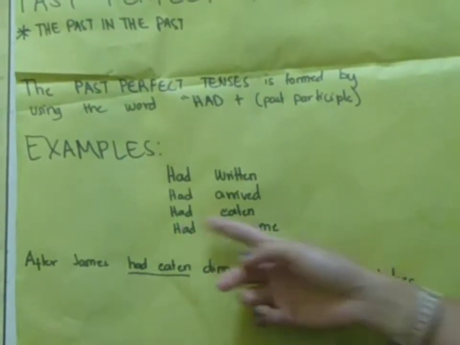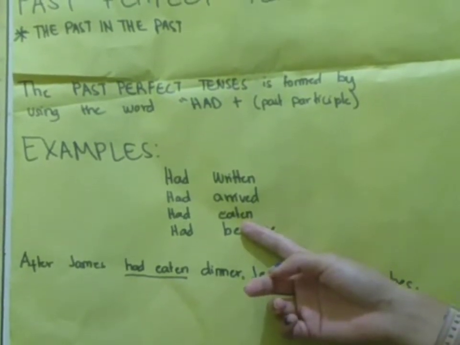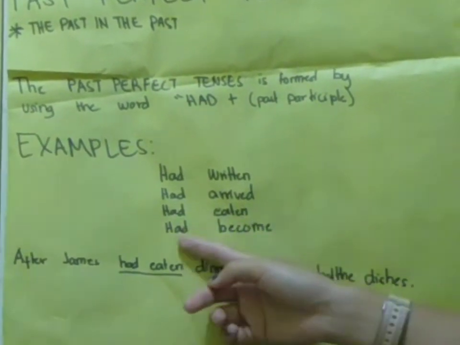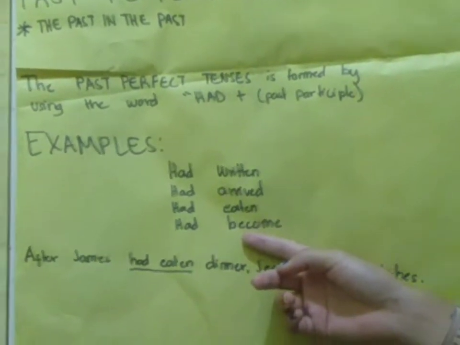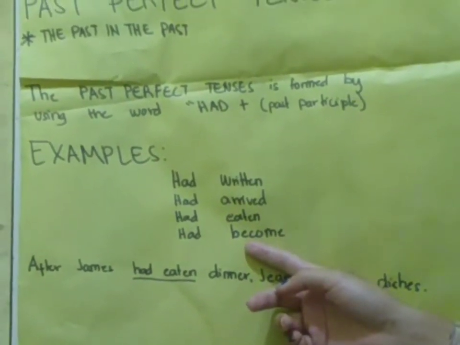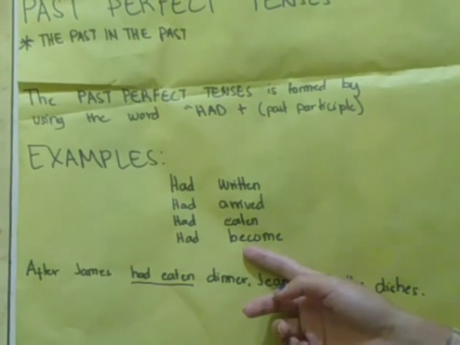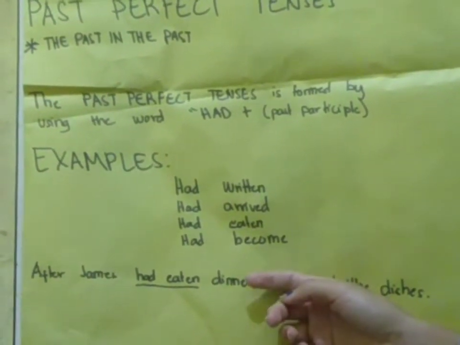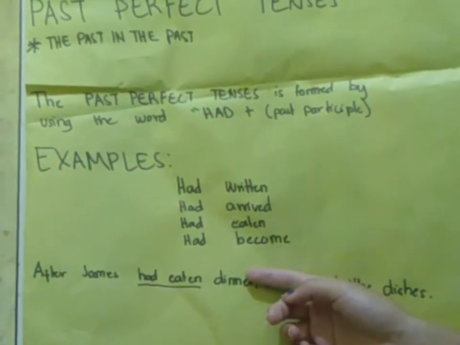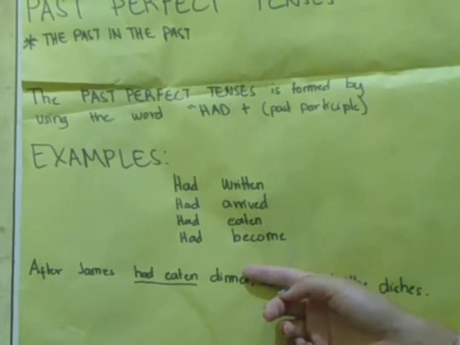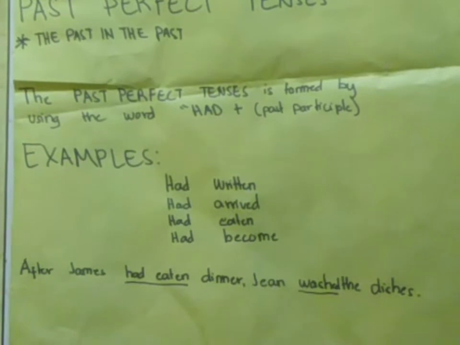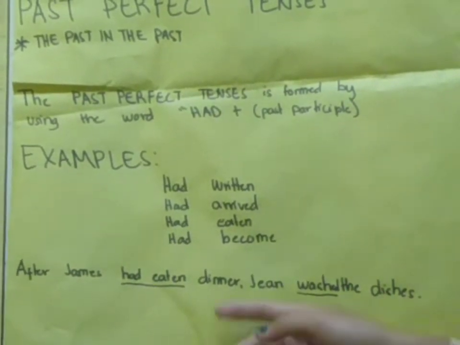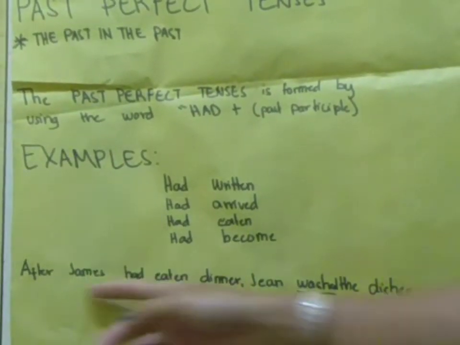Number three, had eaten, the past participle of eat. And lastly, we use had become, and the past participle of become is also become. But be careful in using irregular verbs since they do not follow a pattern in forming the past and past perfect tense.